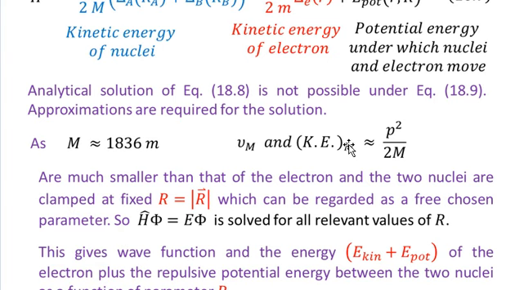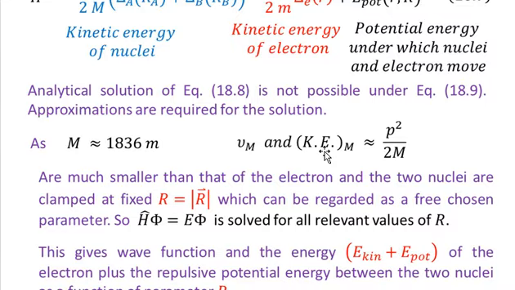So you see that we have said that Vm and the kinetic energy of the two nuclei are much smaller in comparison with these two parameters of the electron, under the clamped approximation that capital R is fixed. And this can be regarded as the free chosen parameter. That is, here capital R is our free chosen parameter.